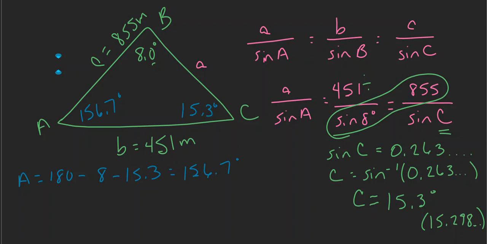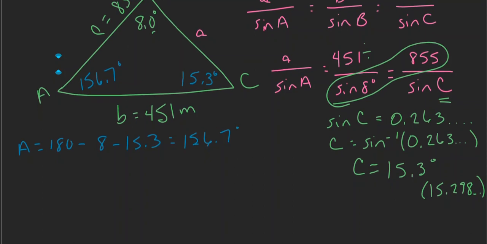Now that I know angle A, I can go ahead and find side A. So side A over sine of 156.7 is going to equal, and I do always like to use the one where everything is given. That helps me deal with rounding. I'm not as far off every time I do the problem.